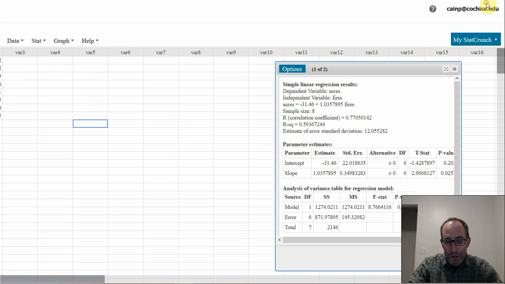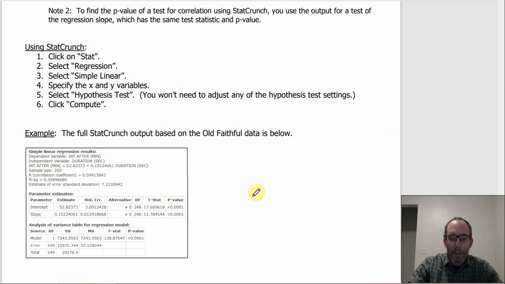We can do that one too in StatCrunch. If I go back here, it's kind of small, but what you want is to be in the slope row of the parameter estimates table.